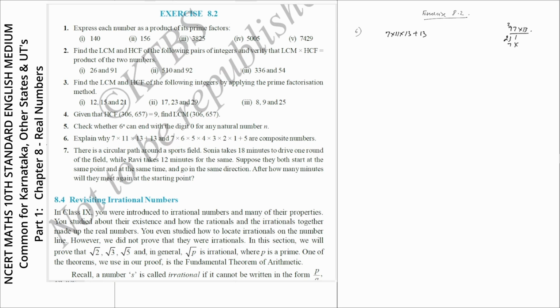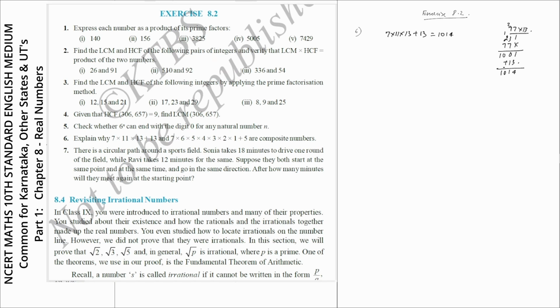Then 1 7 is 7, 8, 9, 10. Carry 1. So 101. 101 plus 13. How much? This is equal to 1014.